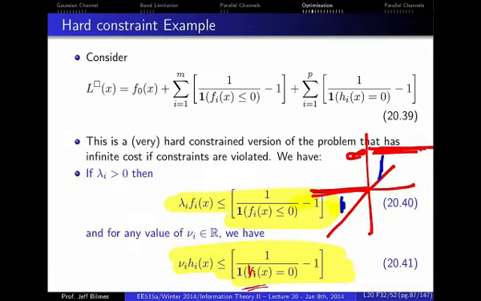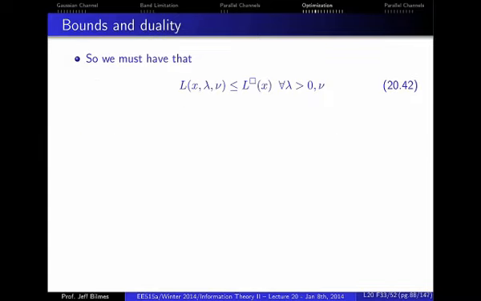So when it's 0, we're going to get 0, but then h is 0, so it's an equality, and everywhere else it's a lower bound because the left-hand side is always real valued. So therefore, for any value of lambda greater than 0 and nu, we have this inequality.